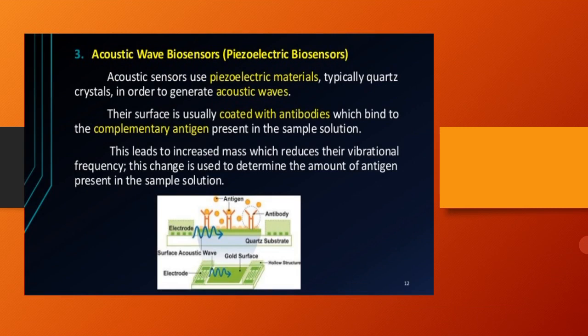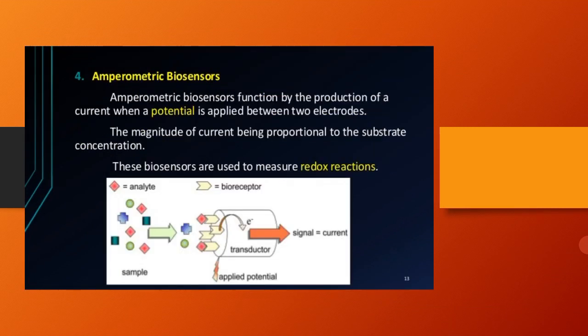So this is the piezoelectric biosensor. Now the fourth one is the amperometric biosensor. The amperometric biosensor functions by the production of current when a potential is applied between two electrodes. It majorly functions when current is produced, and that current is produced because a potential is applied between the two electrodes.